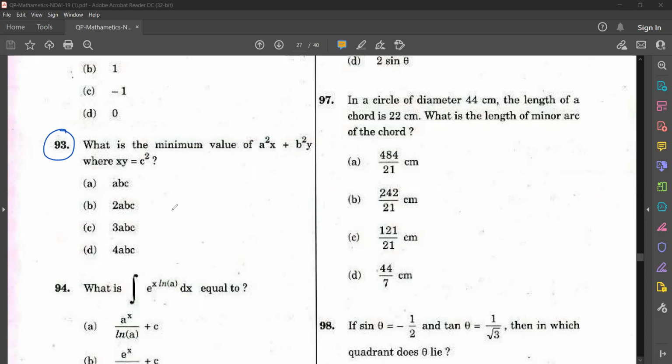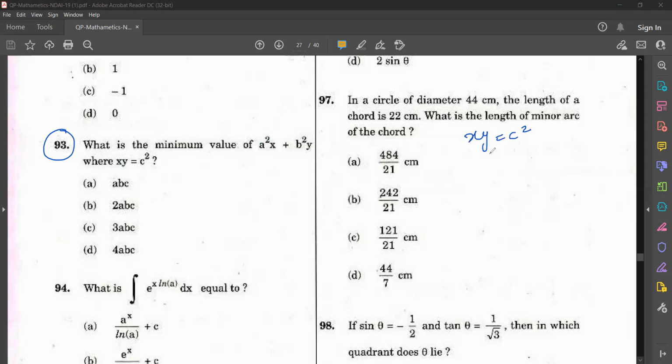We have done a question similar to this. So follow the same step, you will get the correct answer. How would you proceed? So we are given with xy is equal to c square.